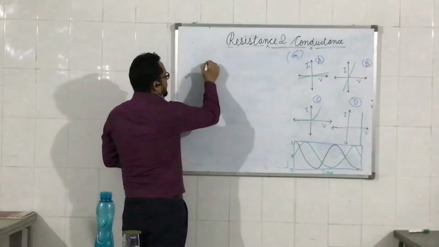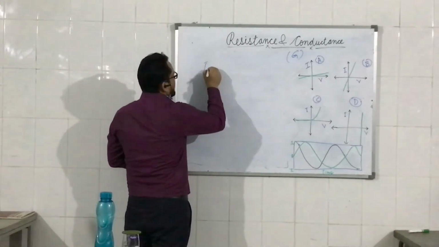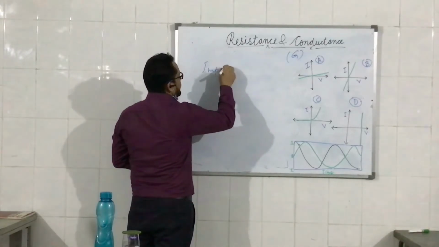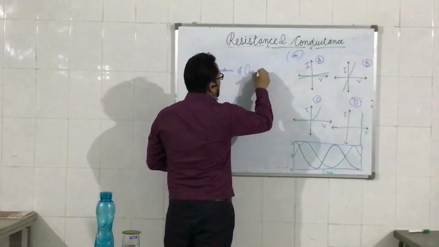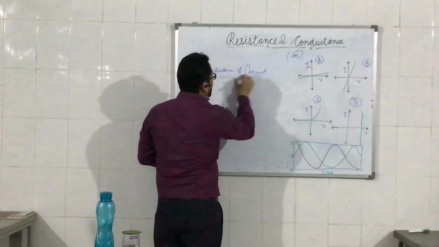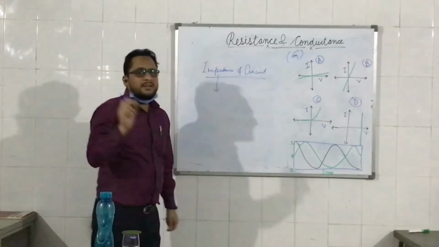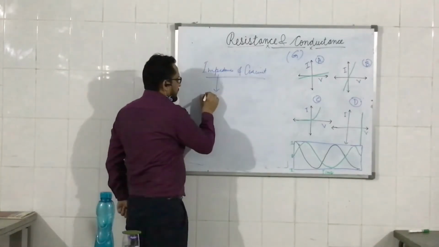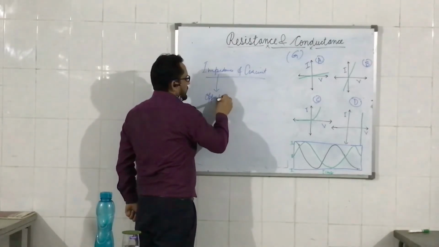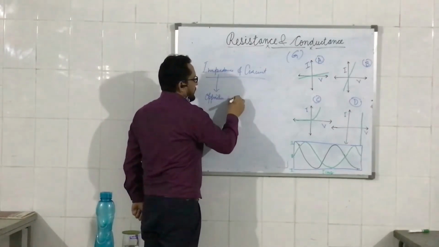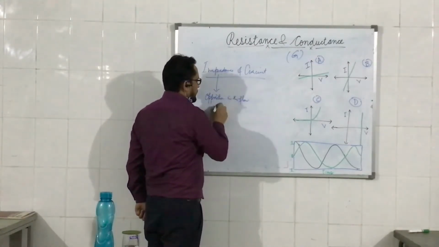Let us discuss another term, which is known as impedance of the circuit. Like resistance, impedance is also an opposition in the flow of current.